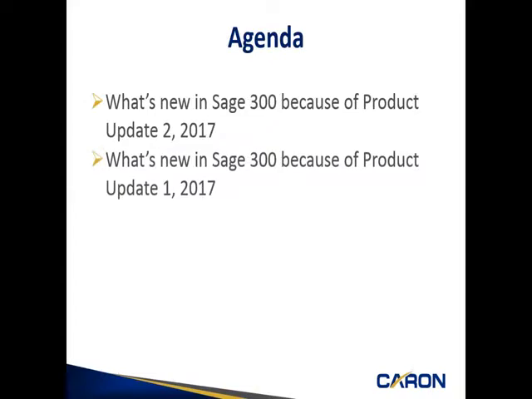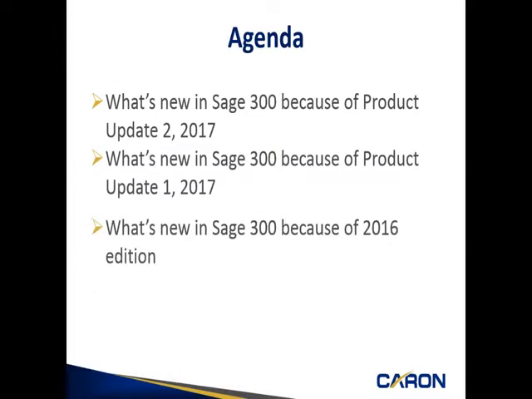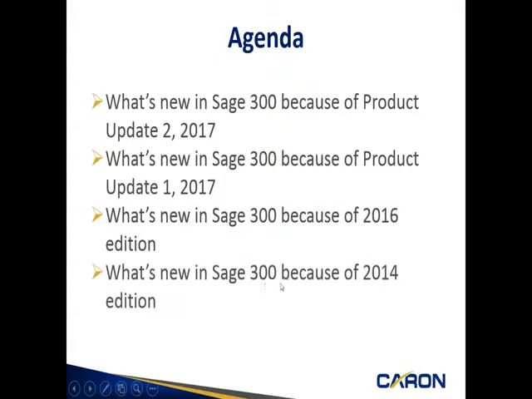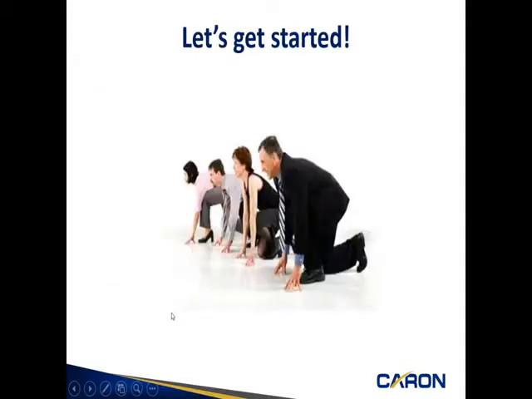We'll also show what's new because of the product update 1. And since often people do not upgrade each edition every year, I will also include features from 2016 and 2014, some of them anyway. So let's get started.